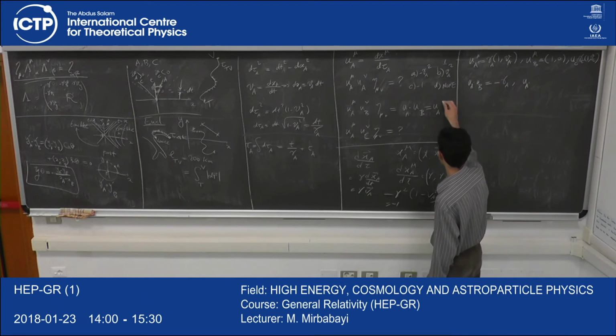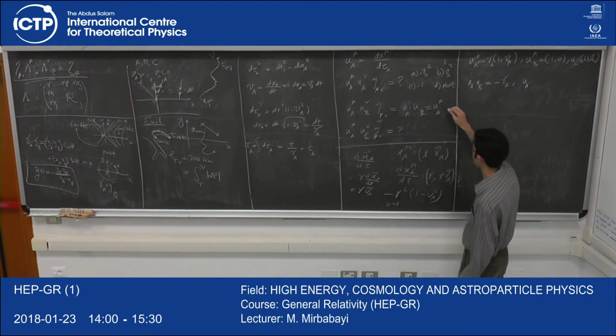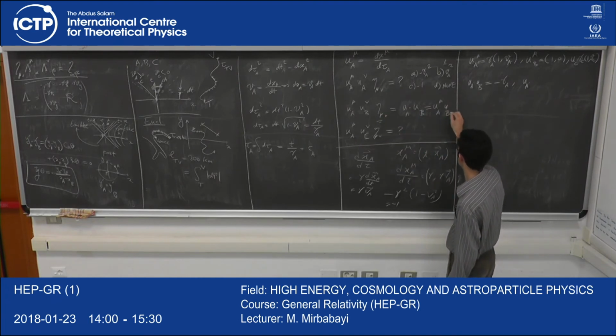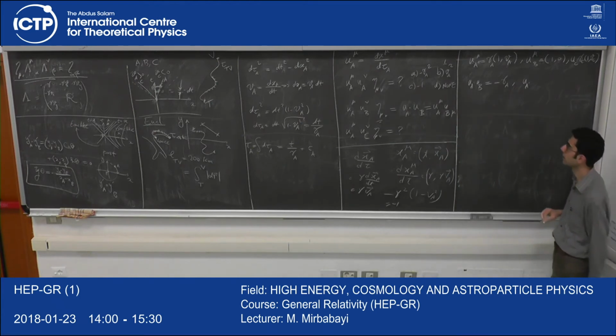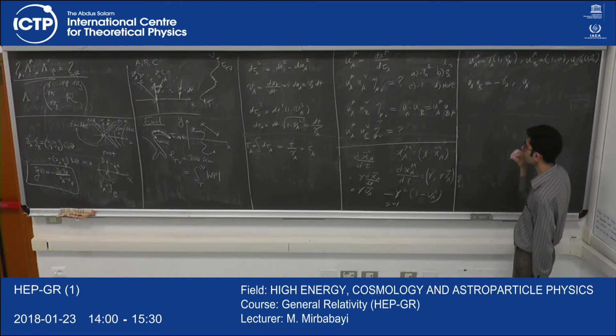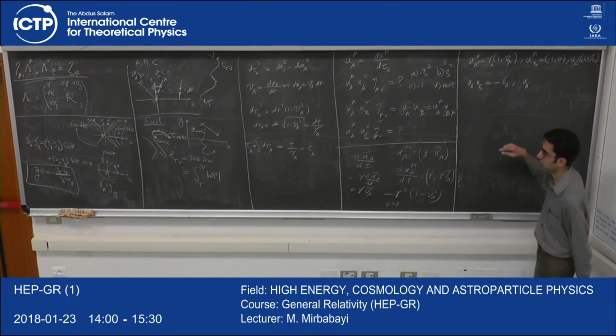Another notation that we frequently use is that we lower the indices by the Minkowski metric, which is an equivalent form.